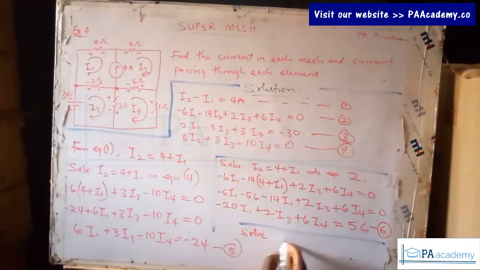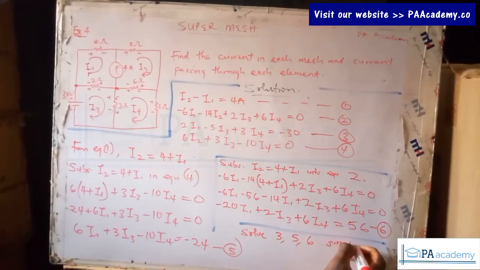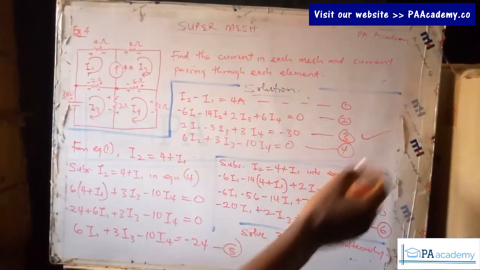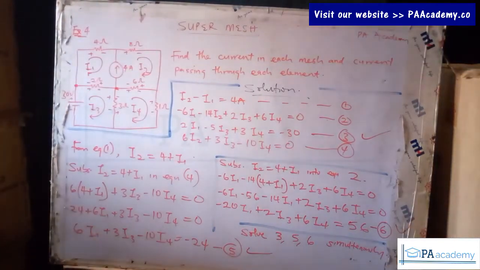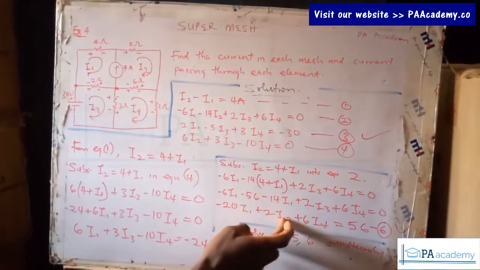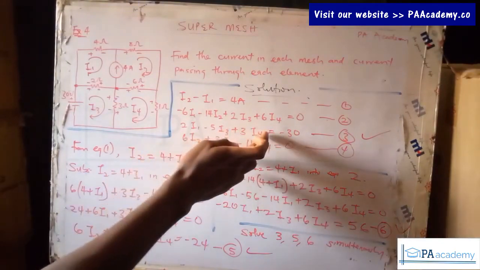So solve equations 3, 5, and 6 simultaneously. Once we solve those equations simultaneously, we'll get I1, I3, and I4, because if you look at those 3 equations, you can see that you have only I1, I3, and I4 in equation 3.